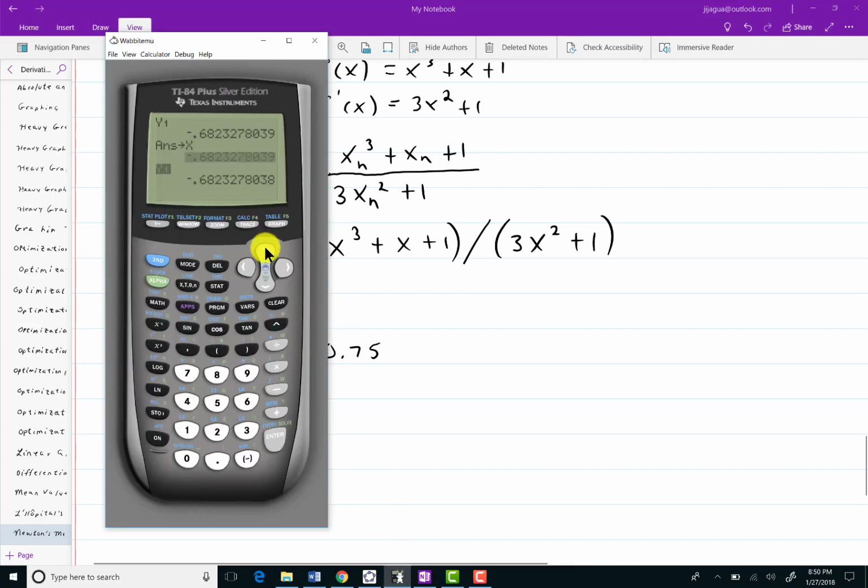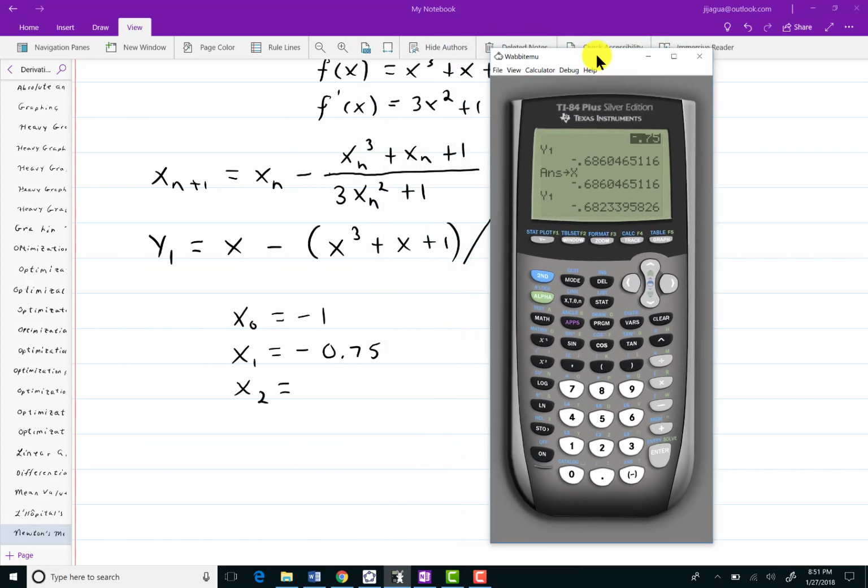Let's go back and get some of my previous x values. Negative 0.75 was my x1. There it is. So my x2 was that one.